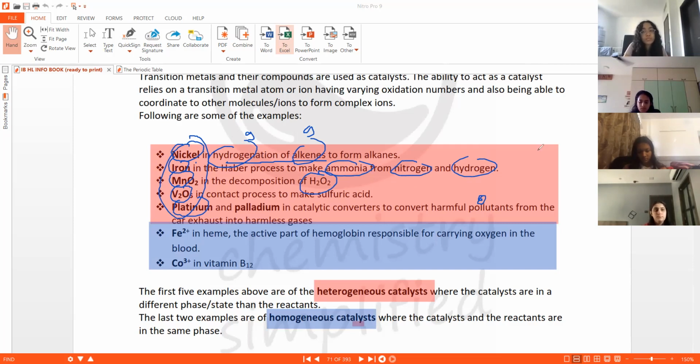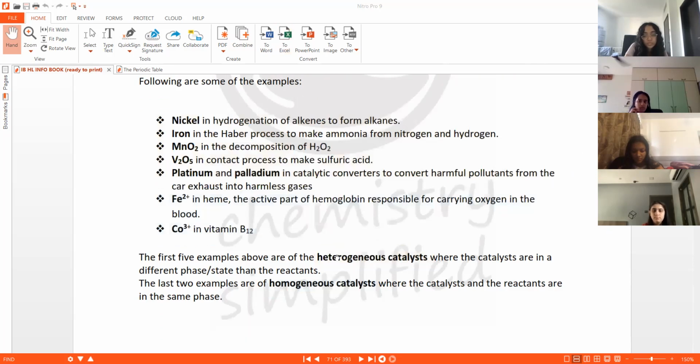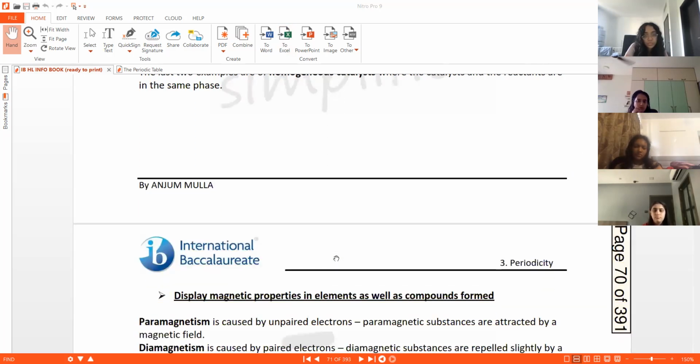So these are heterogeneous catalysts. And these are homogeneous catalysts, where the state of the catalyst and the state of the reactants is the same. Okay, any questions here? So just remember those examples.